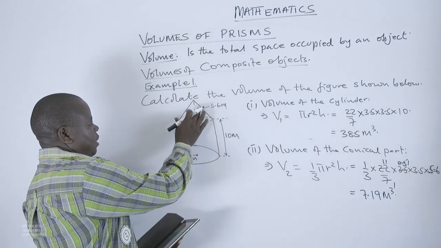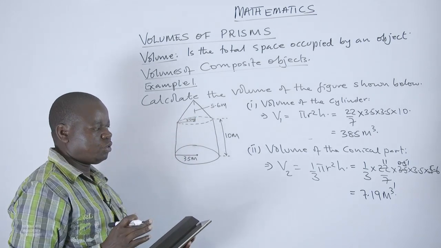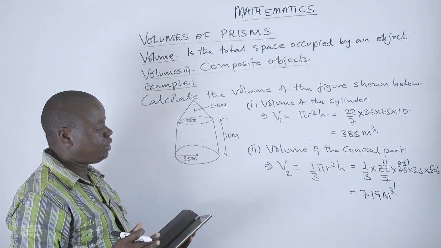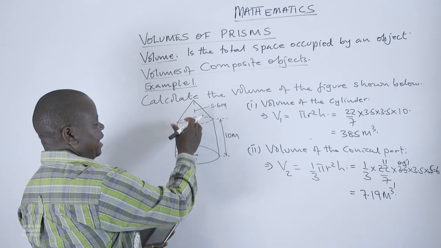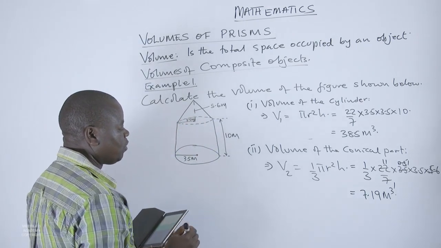So because the object is made of two basic objects, we now add the two volumes.